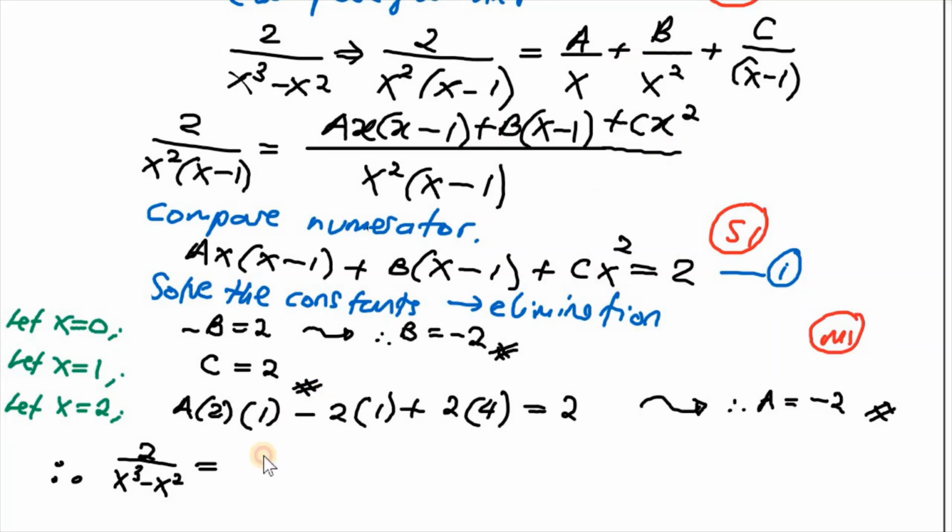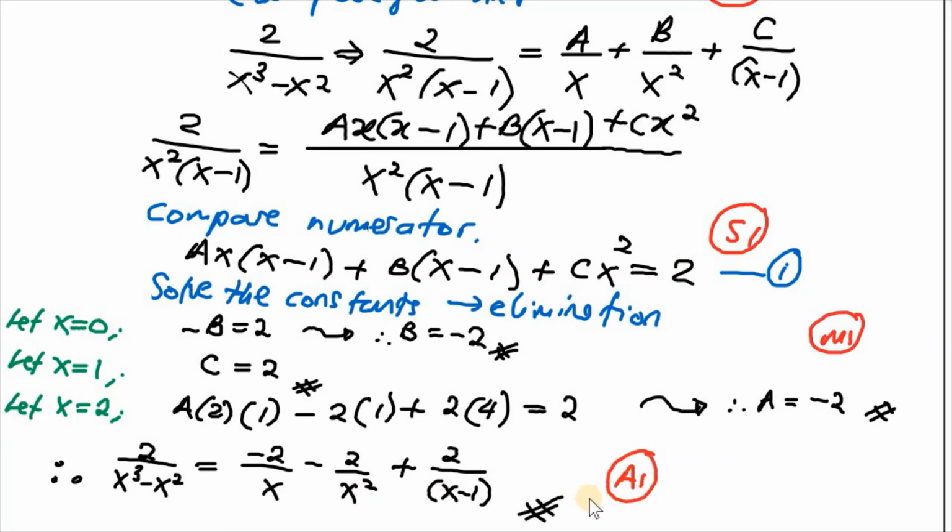A is negative 2 over x, b is negative 2 over x squared, and c is plus 2 over x minus 1. Put this thing back, alright, because there's an a there for your decomposition.